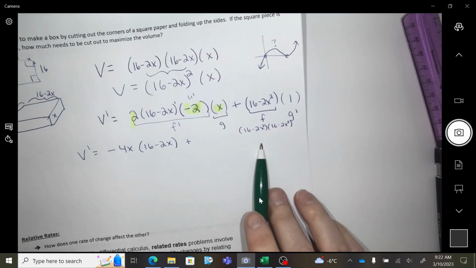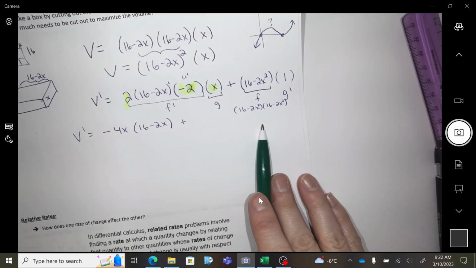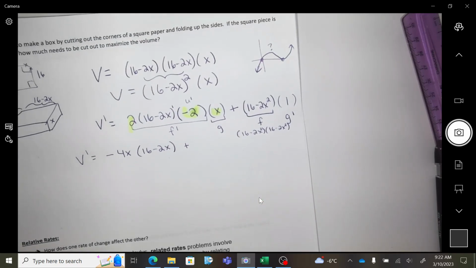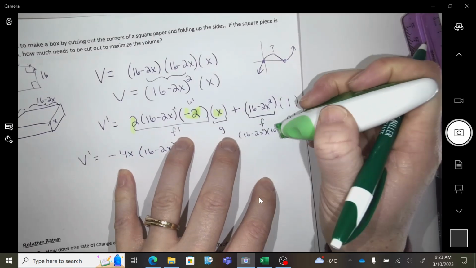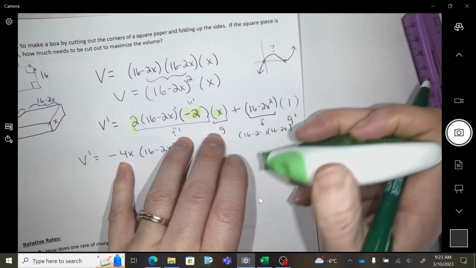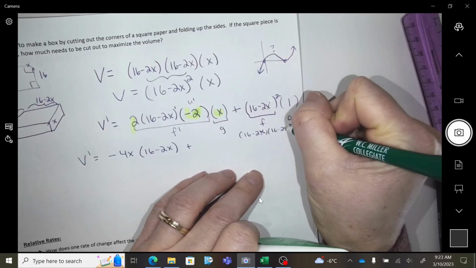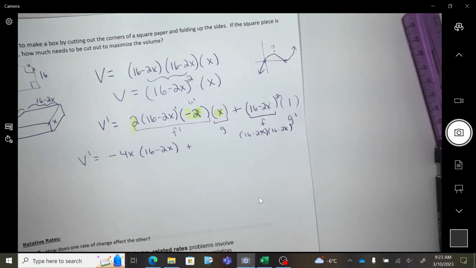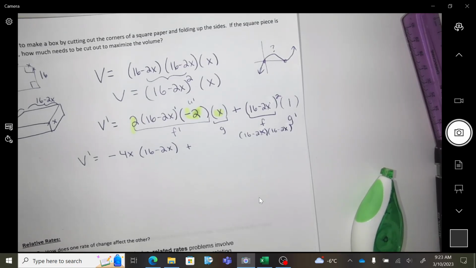Can you give me the FOILed expansion? Oh wait, what am I doing? I got my squared in the wrong spot of my bracket. Don't follow what I just did. I was going to say that would look weird. Got my squared in the wrong spot. There. 16 minus 2x, squared. Give me a FOIL on that. 16 times 16. Is that 256?